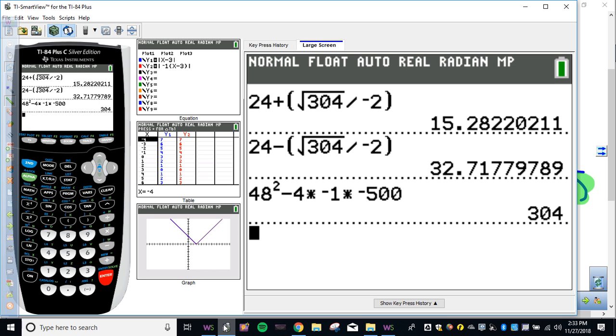And I'll show you how I put it in right there. You don't have to use all those parentheses because it's a little bit annoying, but you can put multiplication in between, that's fine. But you should end up with 304. So double check that you can do that.